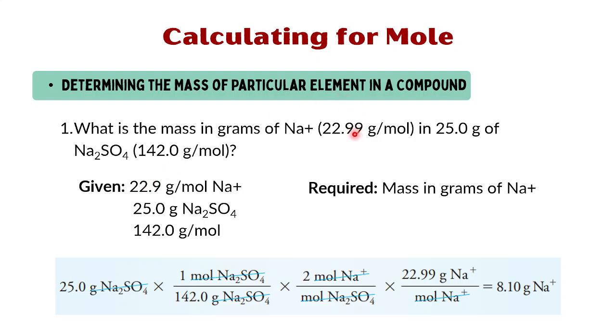Our least significant figure here is this 25.0, which is 3 lang. And this is the reason nga tulo ra pod ka significant figure ang naa. So, we can justify nga out from this problem, there are 8.10 grams of sodium in every 25 grams of sodium sulfate.